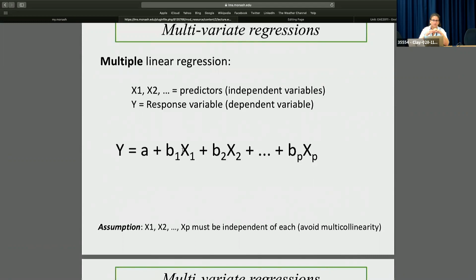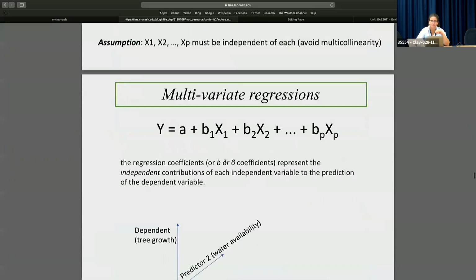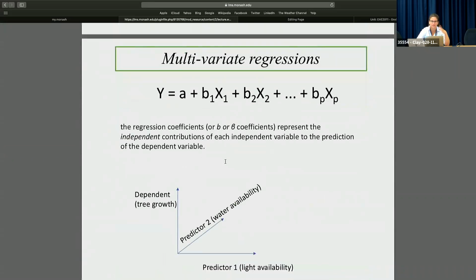We're trying to make sure things are not varying together just because they are linked to each other. Often we'd have humidity and rainfall, or humidity and temperature, things that are already varying together and affecting y. So these different x's have to be independent of each other. And of course, everything is continuous variables.